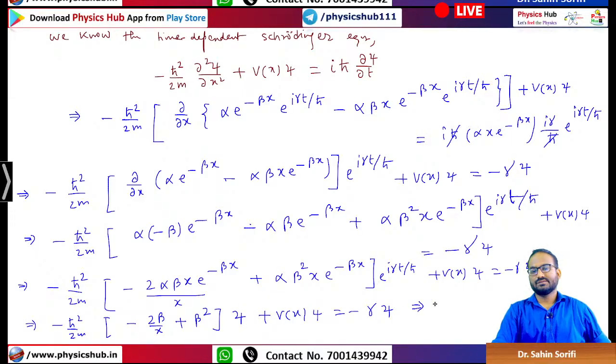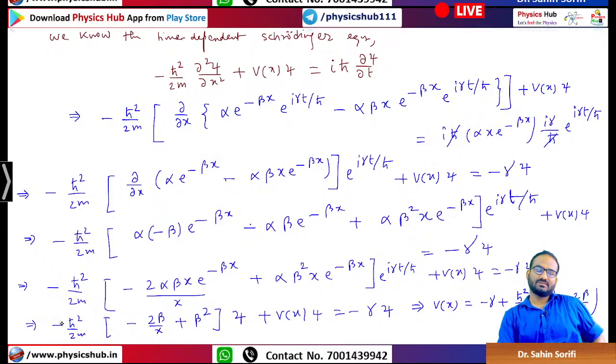So from this, what is v of x? v of x is nothing but, you see, minus gamma and this one plus h cut square by 2m by taking minus common, so you are getting beta square minus 2 beta by x.